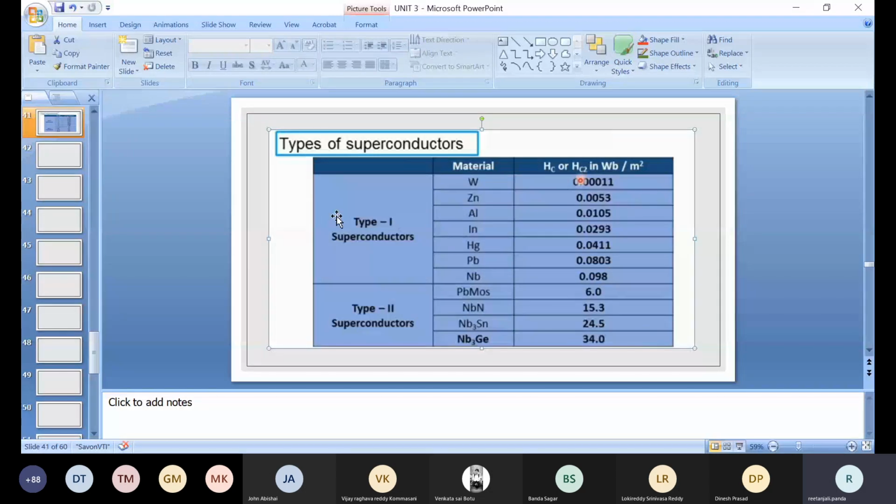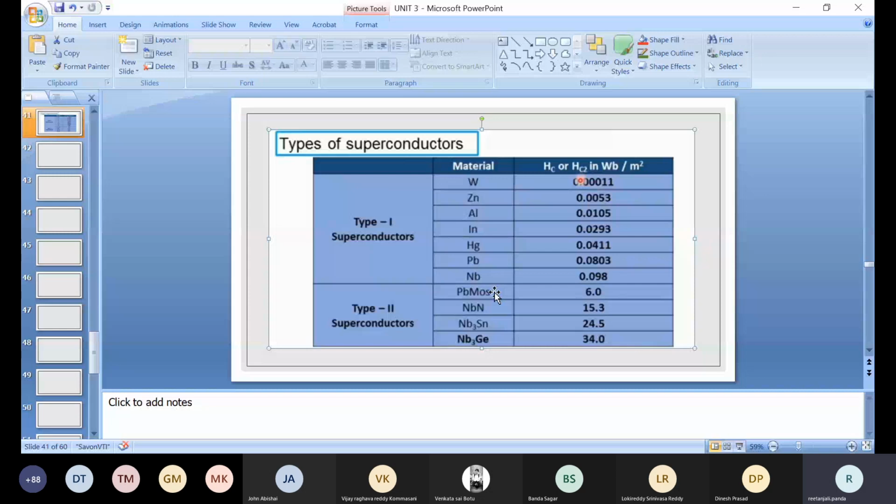But if we see the alloys of different materials, the first one is the alloy of molybdenum, lead and molybdenum, then sulfur, then the magnetic field value, the Hc2 value, the lower magnetic field value is much higher. For this niobium and germanium, the lower critical value of your magnetic field is very much higher here.